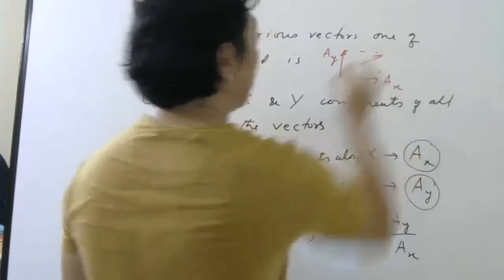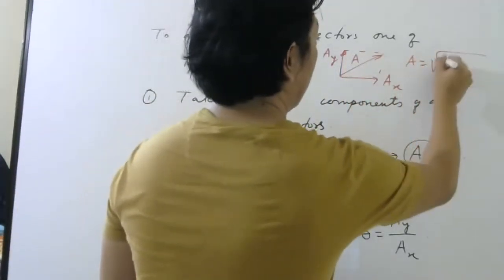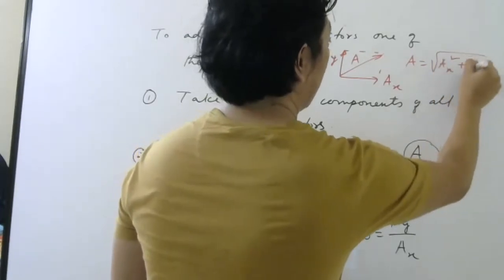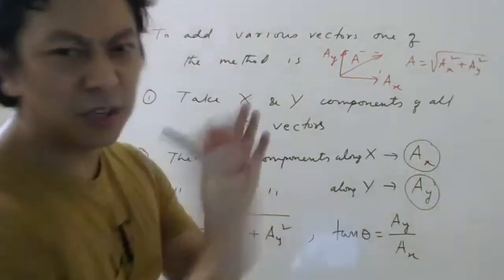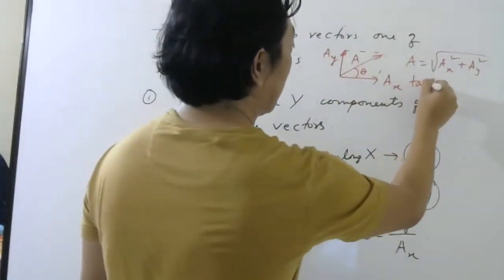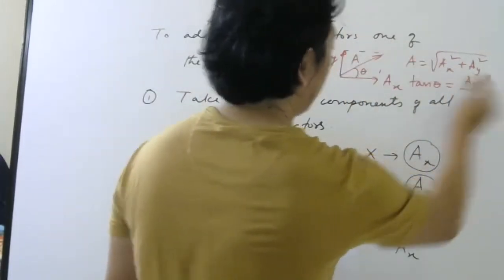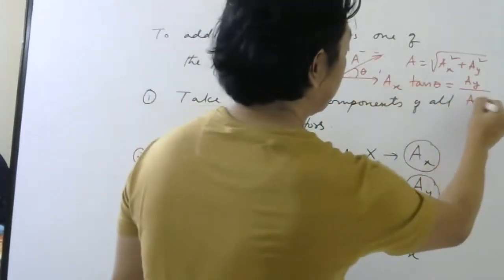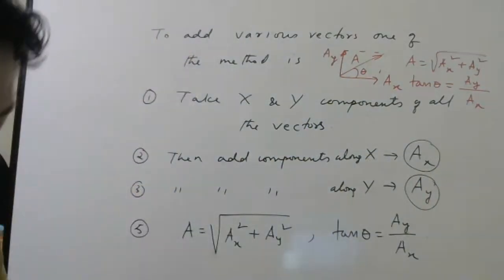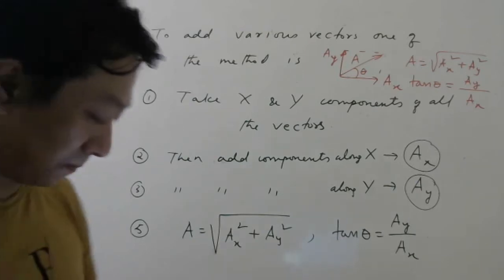The actual vector will be here. So what will be this A? Already I have told you, root over ax square plus ay square. In 2 dimensions only we are doing. And if this angle is theta, tan theta, as I told, opposite is ay, adjacent side is ax. So write these steps and we will start solving some learning exercises.